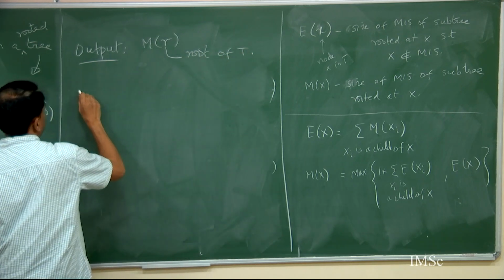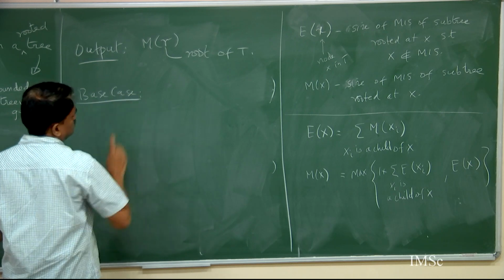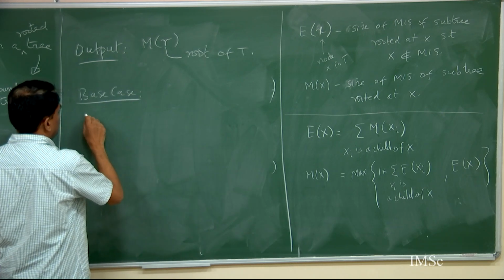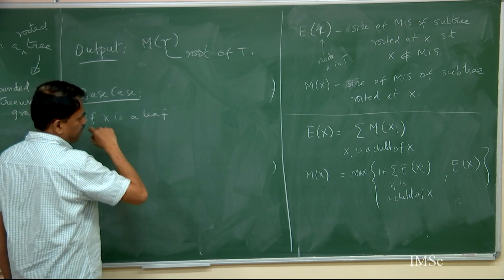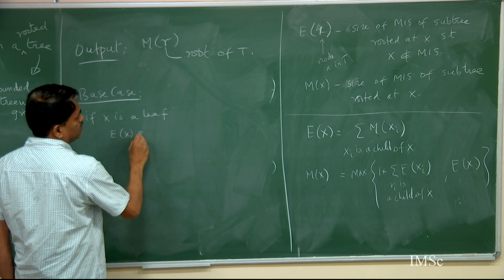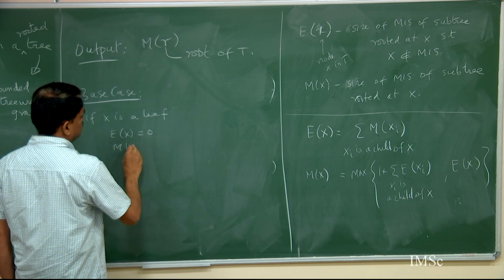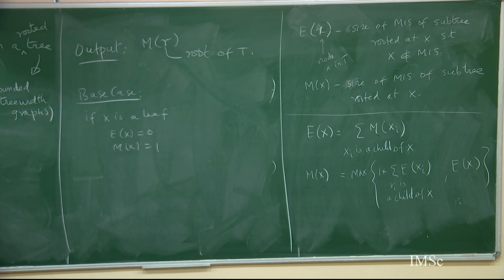And what is the base case at the leaf node? If x is a leaf, then E of x is 0 and M of x is 1. That is the size of the maximum independent set in that subtree.